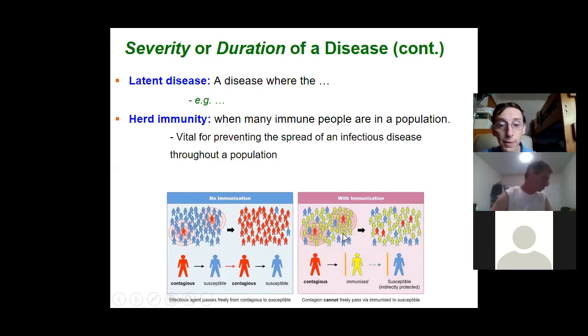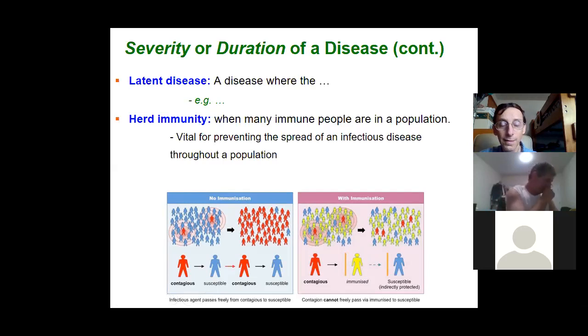So if a lot of people are immunized, the people that are in yellow here, then the disease doesn't spread much, because when it spreads to an immune person, the disease doesn't get hold, and so the transmission of the disease doesn't happen. And that means the non-immune people are protected because of herd immunity, that the immune people are protecting the non-immune people.